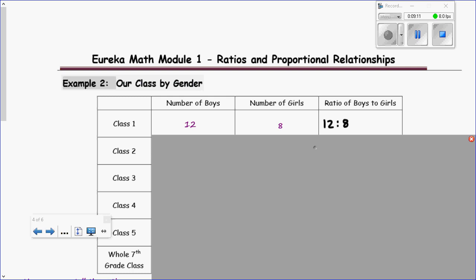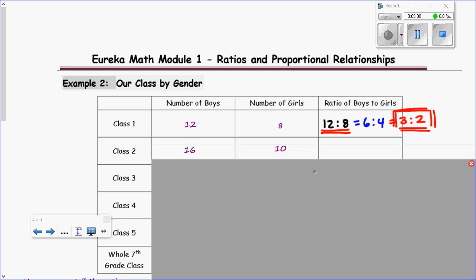A lot of kids see that those are both even numbers, so they say, oh great, that's 6 to 4. And that's true, except those are even again, so it would reduce one more time to whole numbers 3 to 2. If you know your multiplication facts, you know that 4 goes into both of those, so you could have actually divided those both by 4 and gotten 3 to 2 right at the beginning. Okay, so there's your final reduced ratio for class 1.